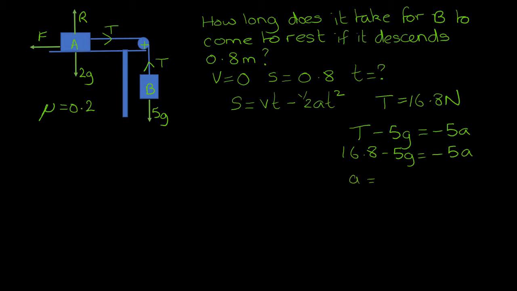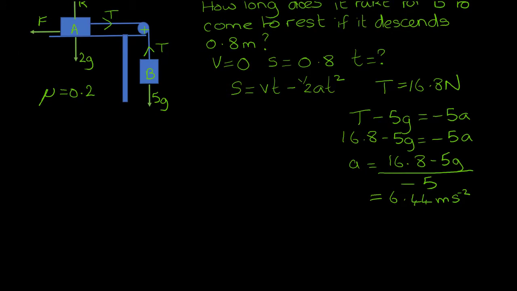So a equals 16.8 minus 5g all over minus 5, which means that it equals 6.44 meters per second squared.